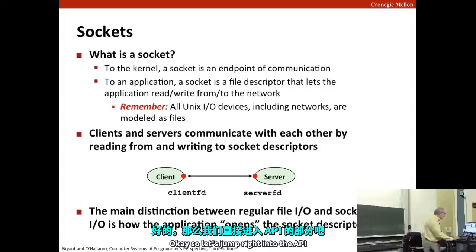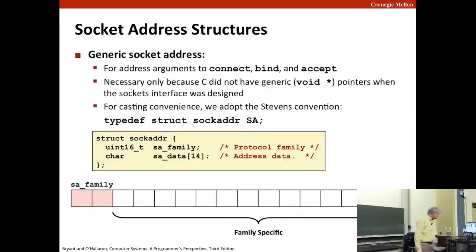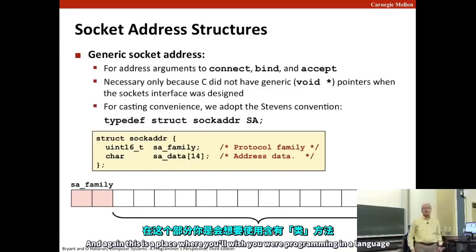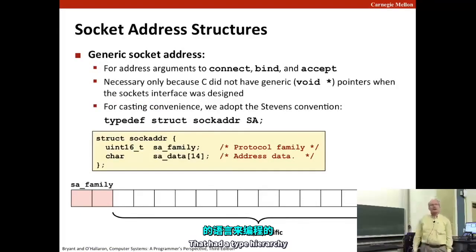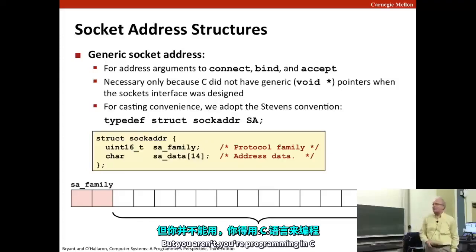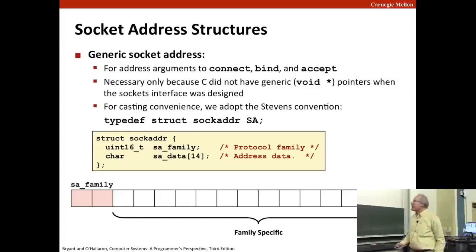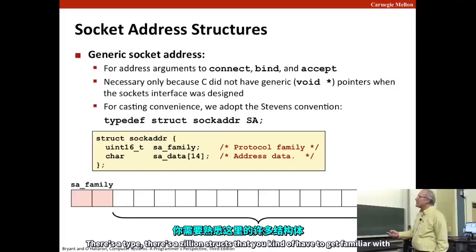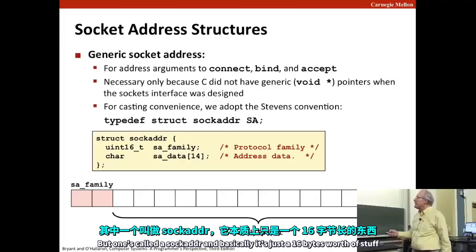Okay, so let's jump right into the API. And again, this is a place where you'll wish you were programming in a language that had a type hierarchy, but you aren't. You're programming in C. So there's a zillion structs that you kind of have to get familiar with, but one's called a sockaddr.